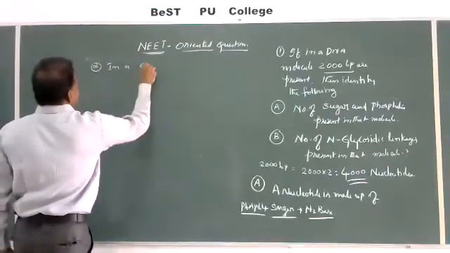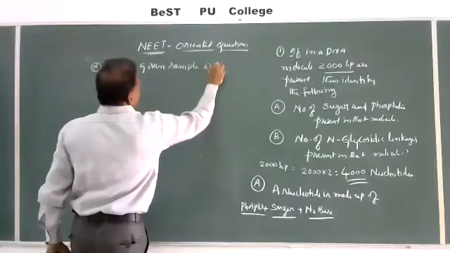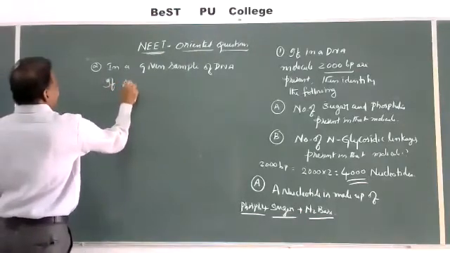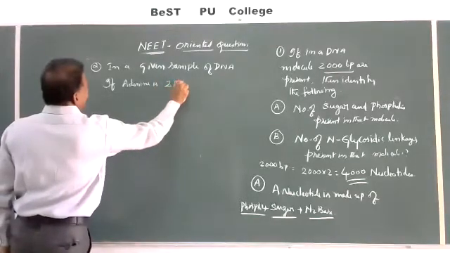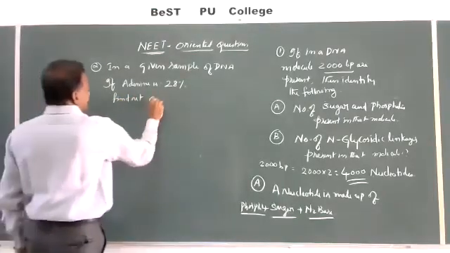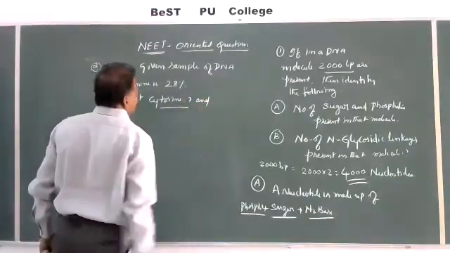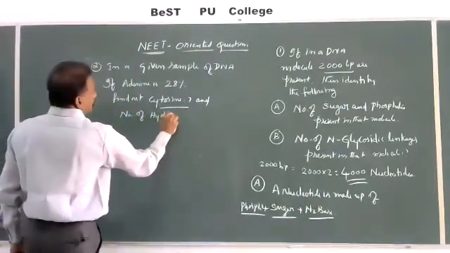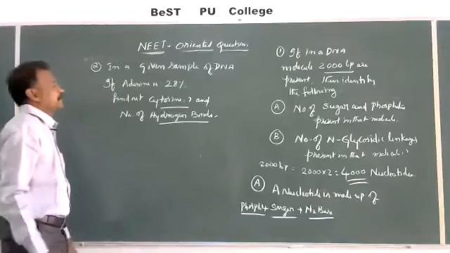In a given sample of DNA, if adenine is 28%, find out cytosine and number of hydrogen bonds in the DNA.